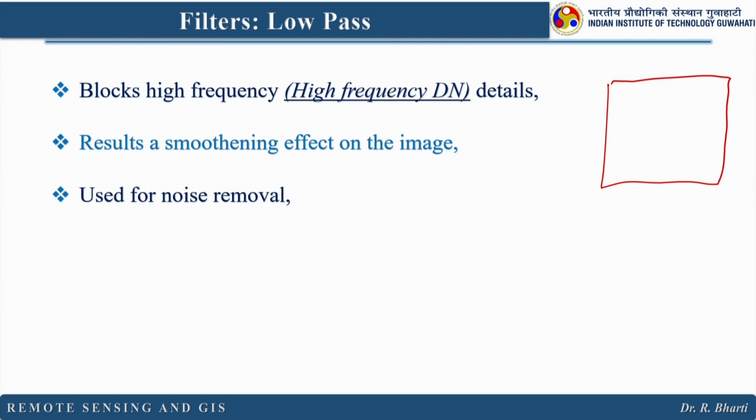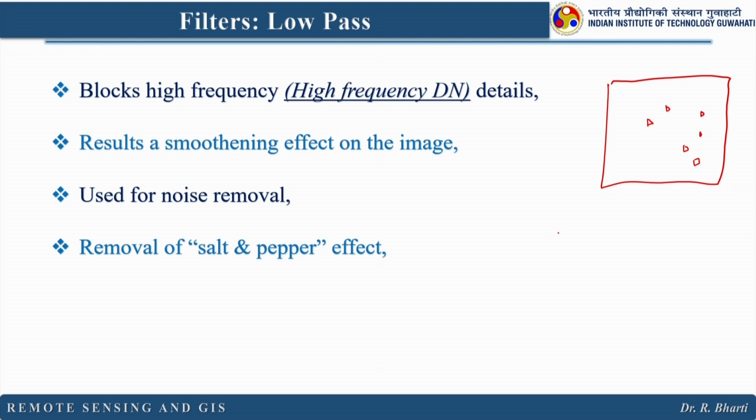It is used to remove noise. Why? Because if you have one or two pixels in between which have bad data or bad values, then those pixels will be corrected because of the smoothing effect, and it is always preferred for salt and pepper noise.